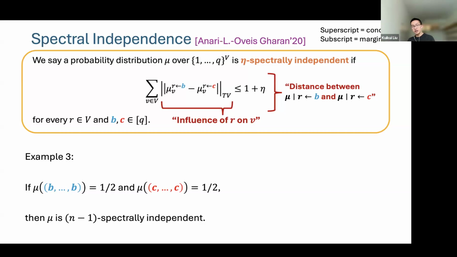The way to see this is that if you knew the vertex R is colored B, then you know that you're in the all-B configuration, and so with probability 1, the vertex V is colored B as well. So all of these influences are going to be 1, the largest they can possibly be. And you should think of this as the bad case, the case in which local Markov chains are going to have a tough time sampling.